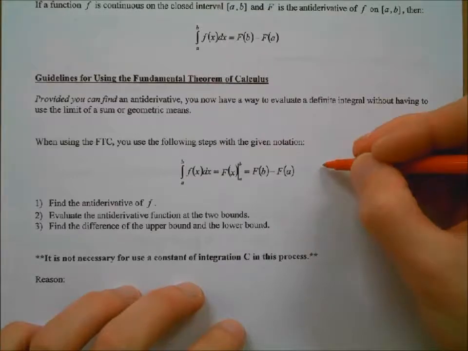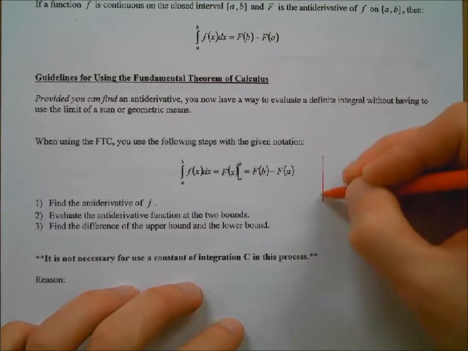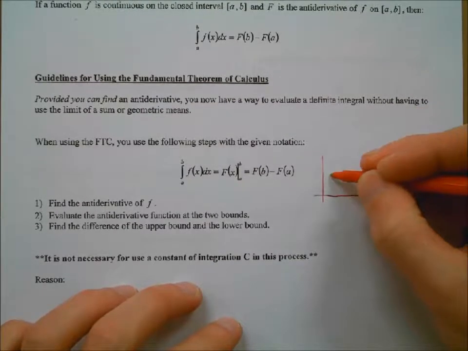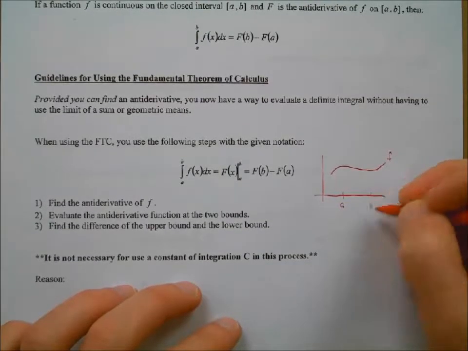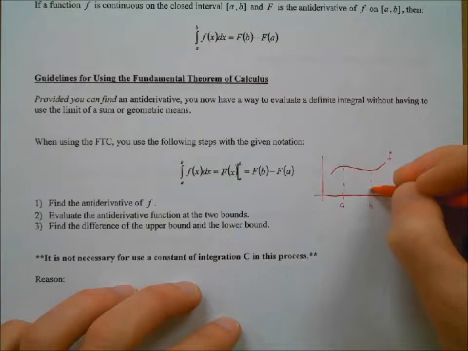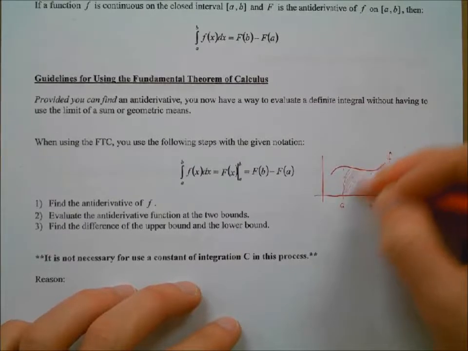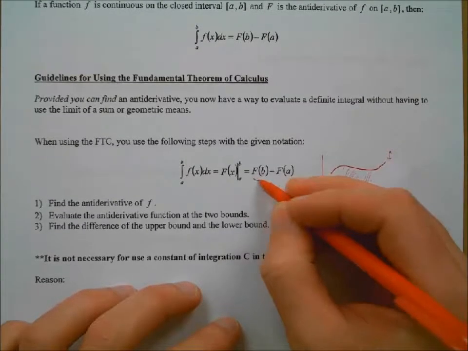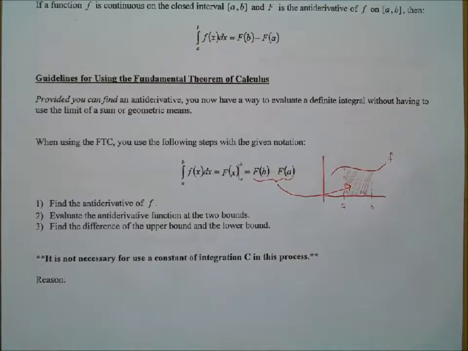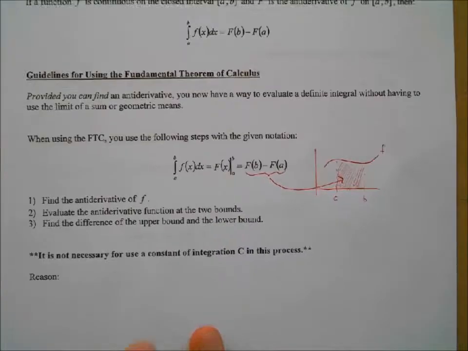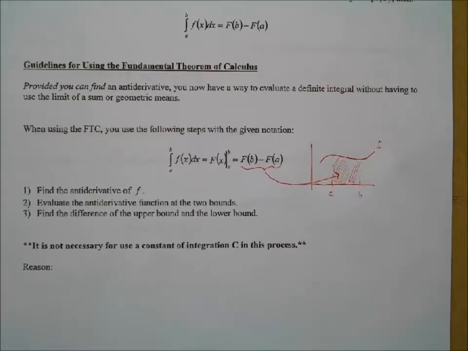And again, if we have our function f, and we go from a to b here, this evaluation finds that value right here. The upper limit minus the lower limit, evaluating the antiderivative, gives you the value of that area under the curve. That is the value of the definite integral there.